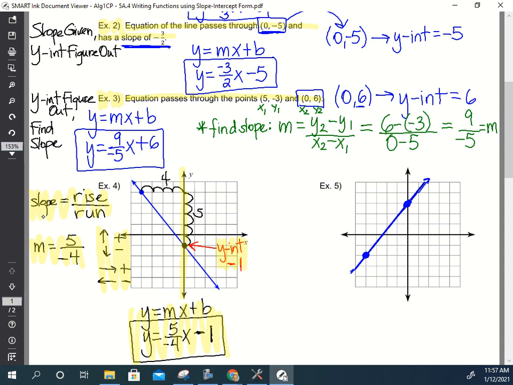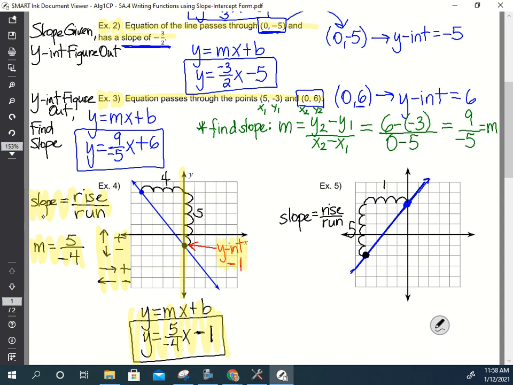All right, so let's do the slope. How many spaces do I have to go up? We got 5. Thank you, Mir and Luke. And how many spaces am I going over? 4.